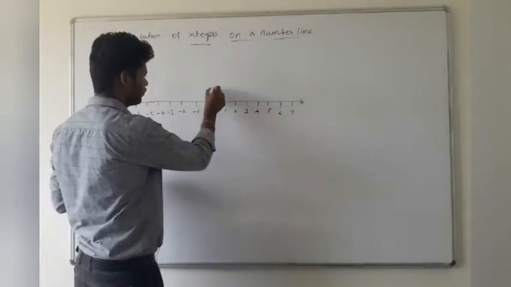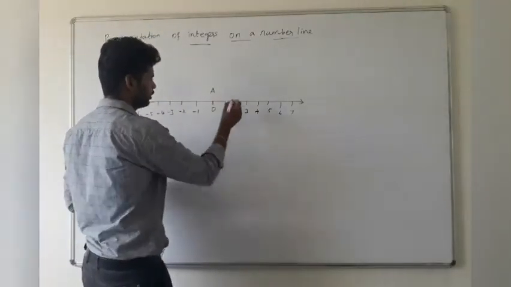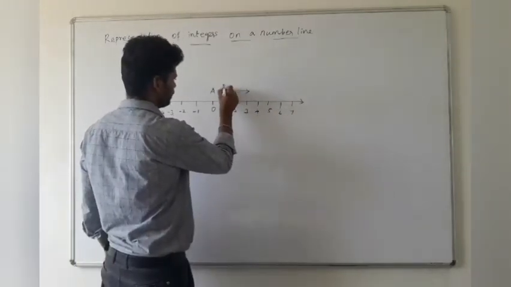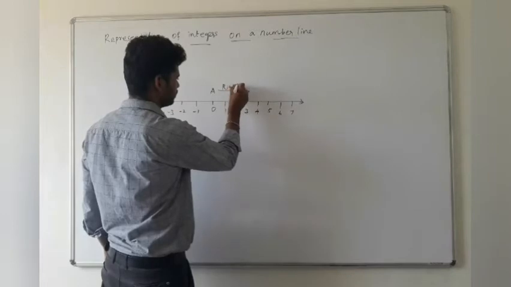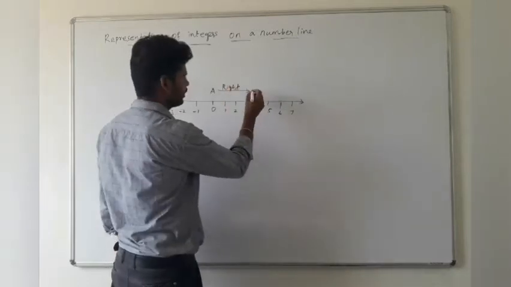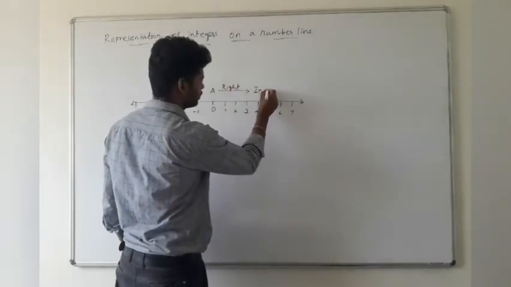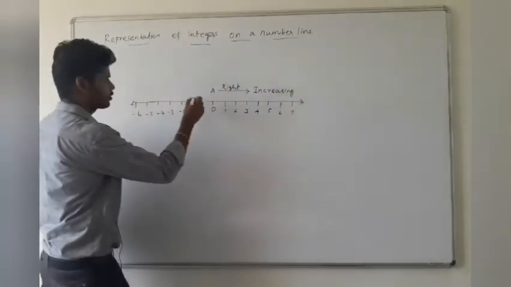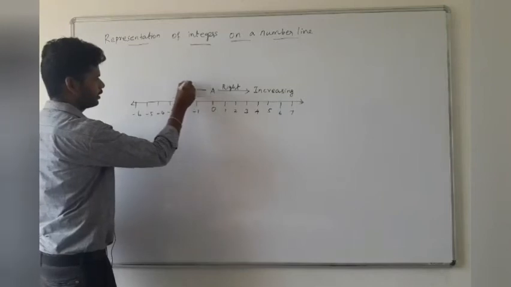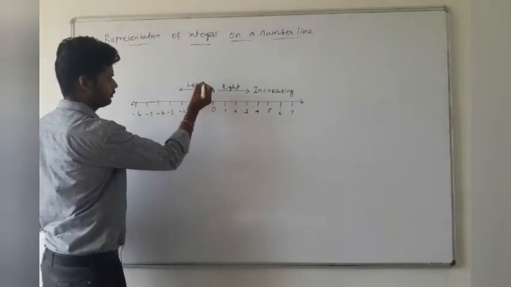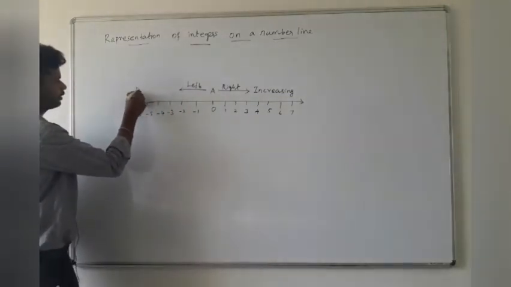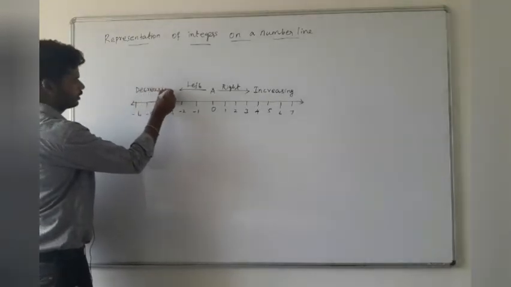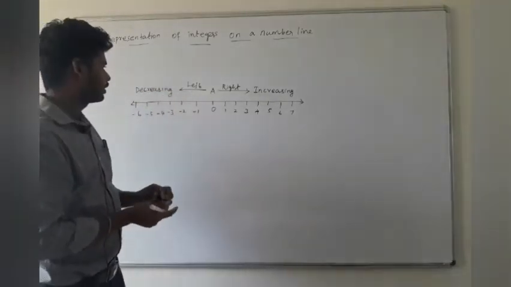Now here, one point A. This is increasing order. Next one, left hand side. This is decreasing order.